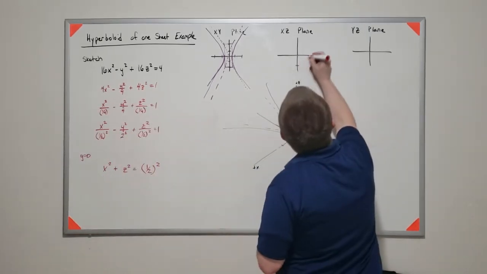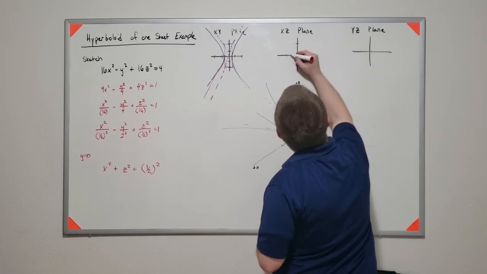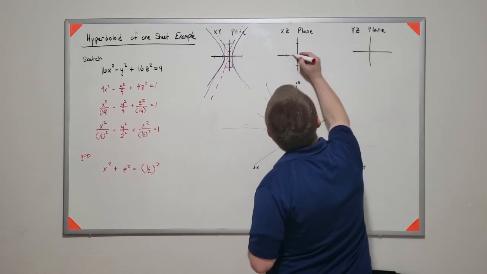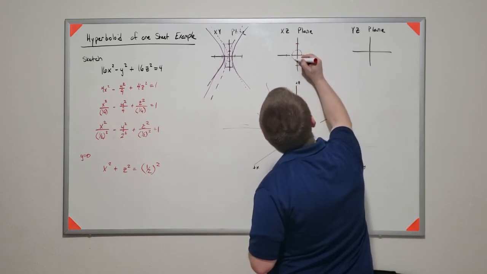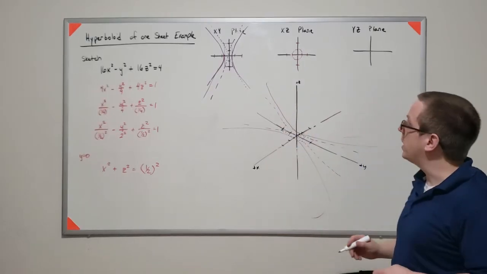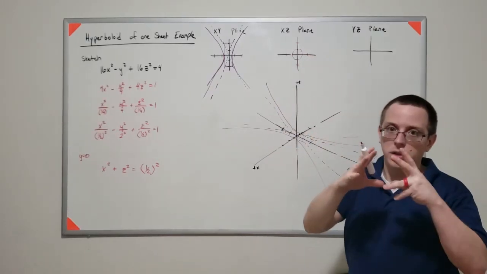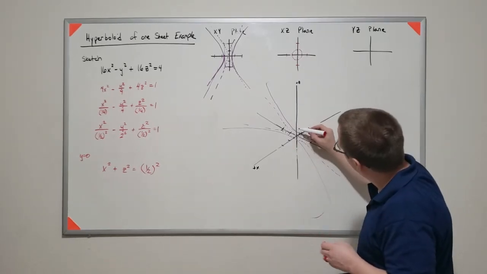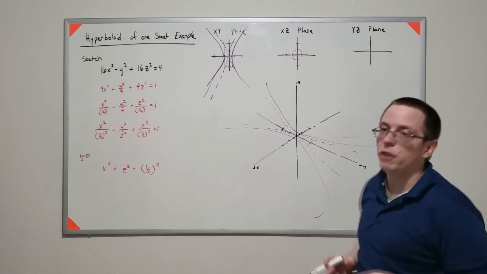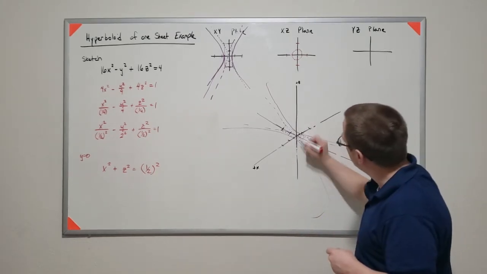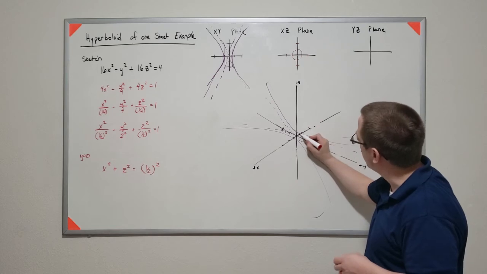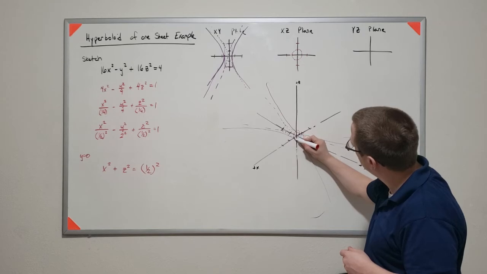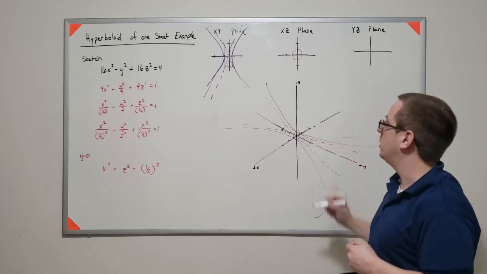So we have a circle in the xz plane that goes from -1/2 to +1/2. So you actually have a pretty small circle there for y equals 0.